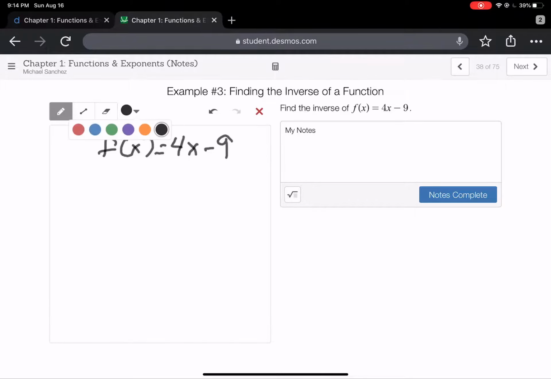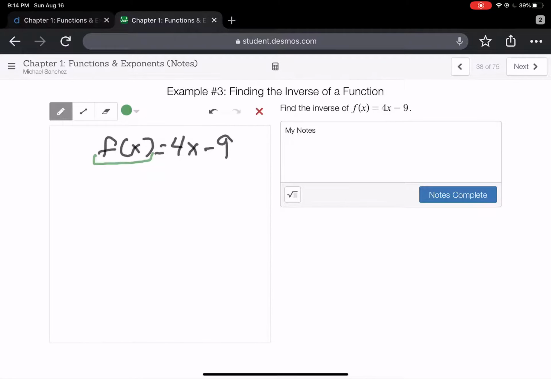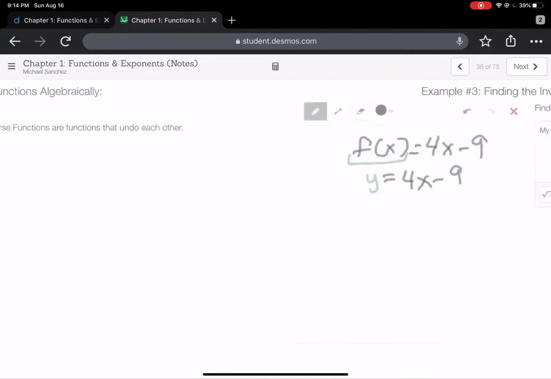So the first thing we want to do is replace this with y. Set y equal to f of x. So I'm going to change the f of x into a y. That's my step number 1. My step number 2 is to switch the x and the y in the equation.